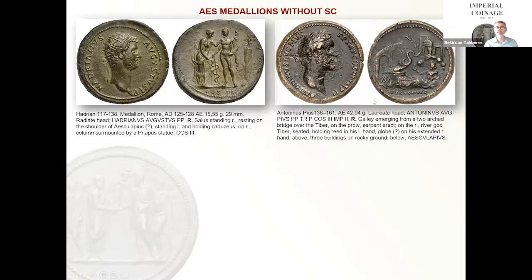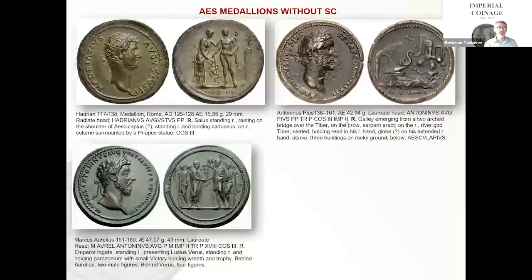And this is the depiction of Asclepius being brought from Athens into Rome. Another extraordinary example of art and propaganda by Marcus Aurelius.